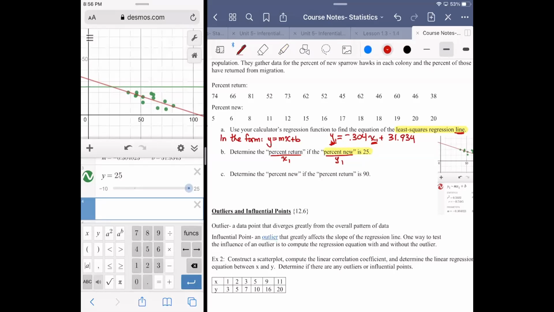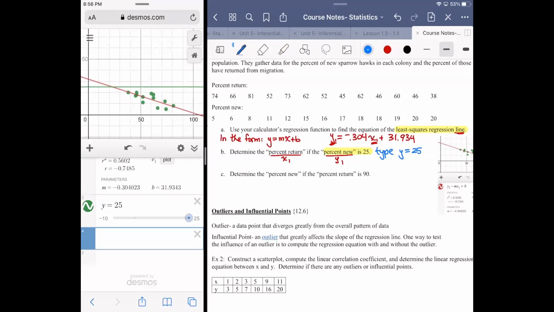So we type y equals 25, and we get a new line that shows up, right? This new line, that horizontal line, is the y equals 25. So what I'm looking for is the coordinates of the intersection between those two lines.